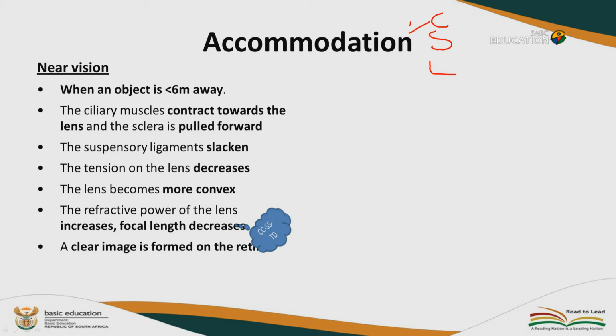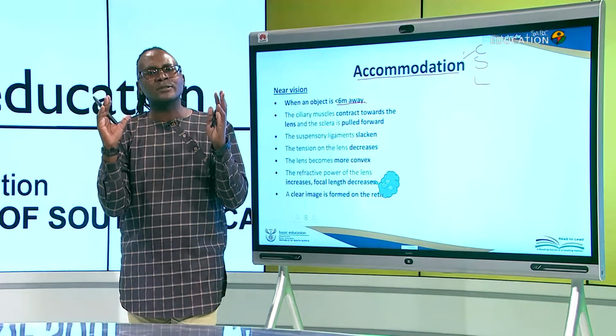What are these parts going to do for the eye to perform this function? When an object is closer to me, the ciliary muscles will contract.